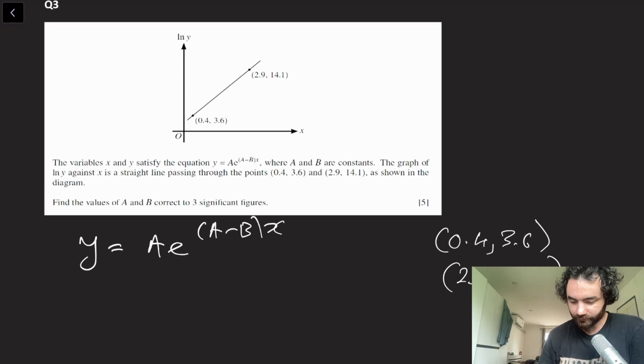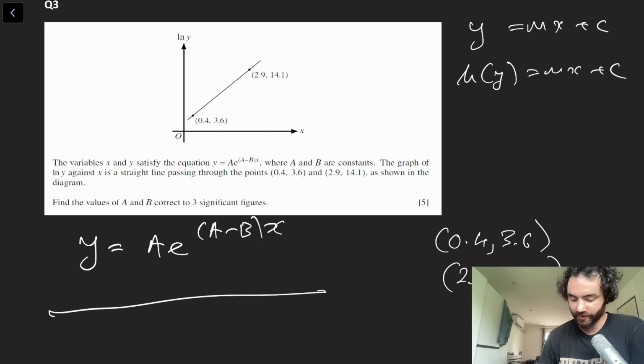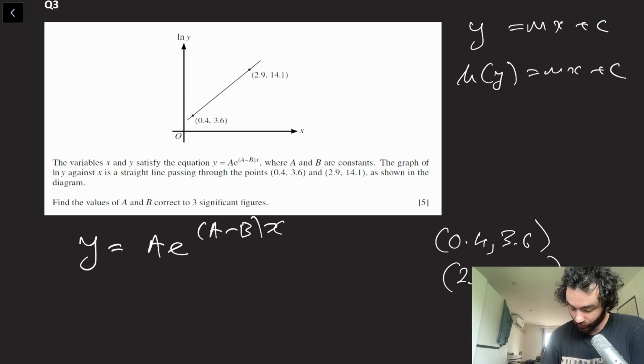So this graph is a straight line. Remember, a straight line is y equals mx plus c. That's the form. But now, instead of y versus x, we have ln of y versus x. So this would be ln of y equals mx plus c. So if we can transform this y into this form, then we'll be able to find our a and b.